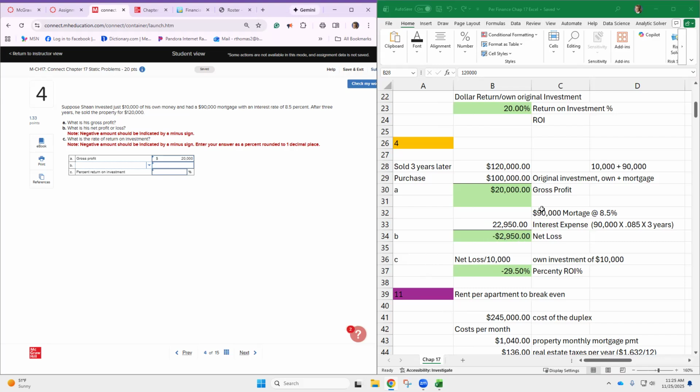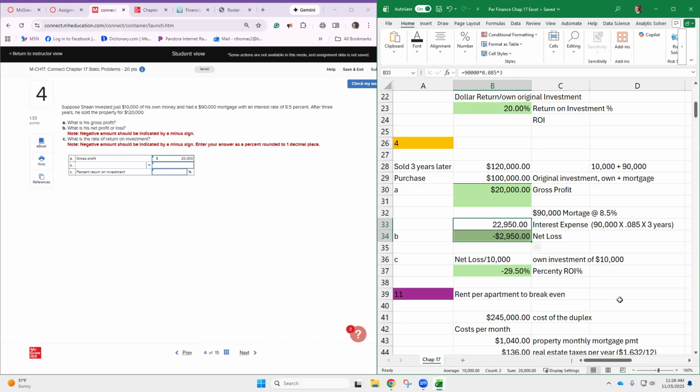So if you take $90,000 times 0.085 times 3 years. Let me double check that I've got my formula in here correctly. So 90,000 times 0.085 times 3.